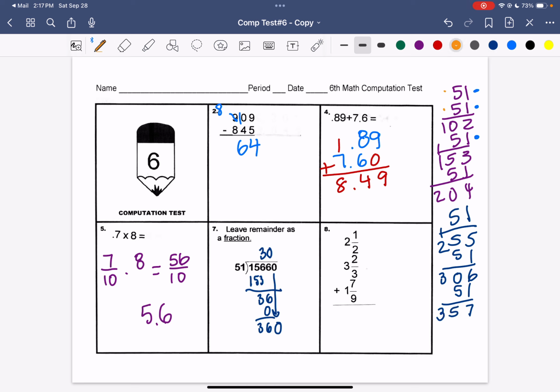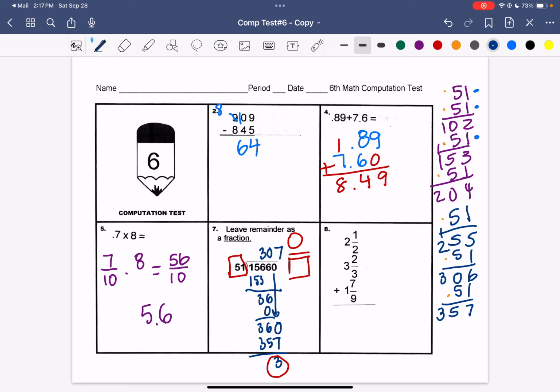So 1, 2, 3, 4, 5, 6, and 7. 7 times 51 is 357. And so I tell my kids, circle over square.